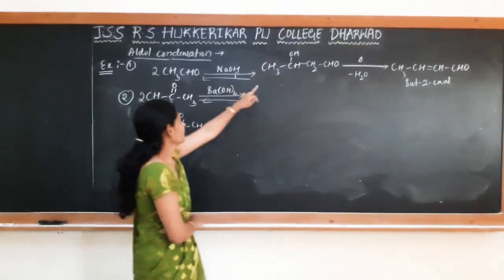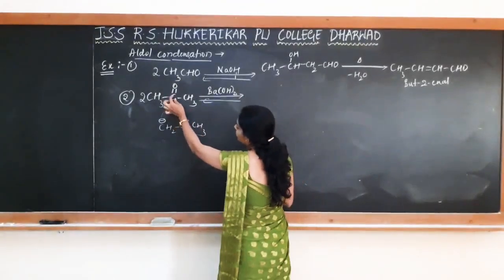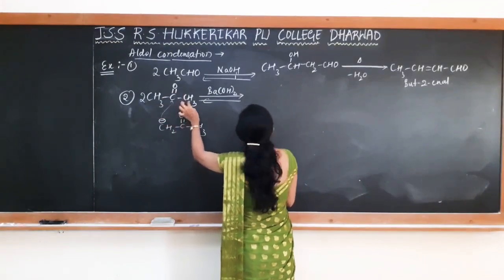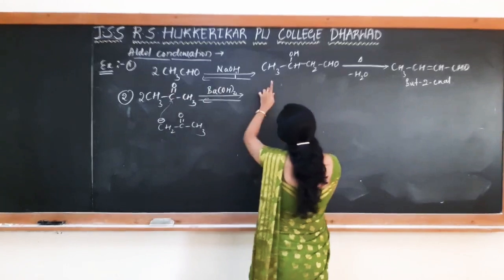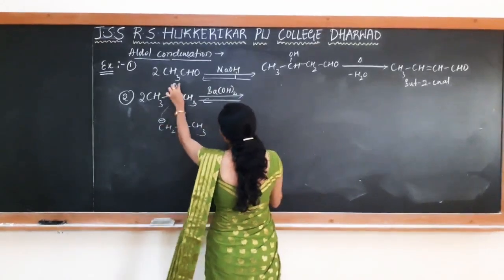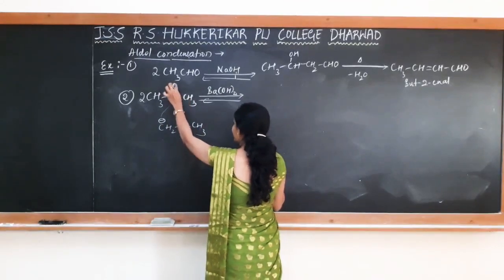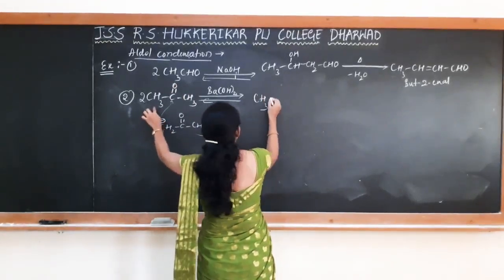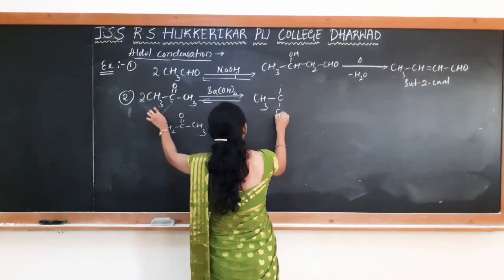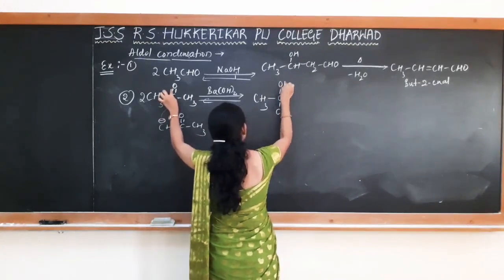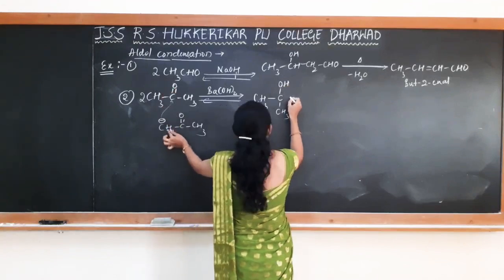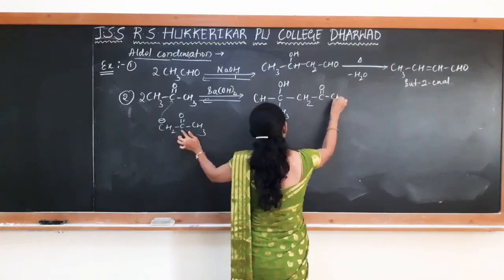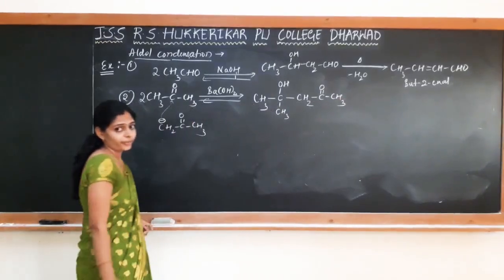Okay, so which product are we getting here? You have to write the first product as C-OH: CH3, C CH3, double bond O you write as single bond OH, and the remaining thing you write CH2 CO CH3. So this is the first product formed.